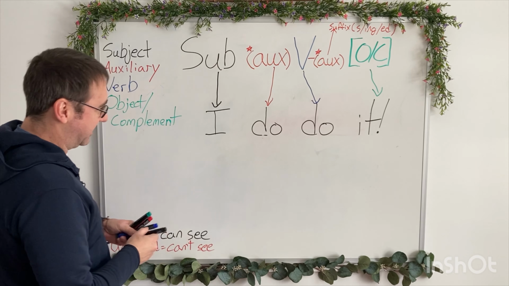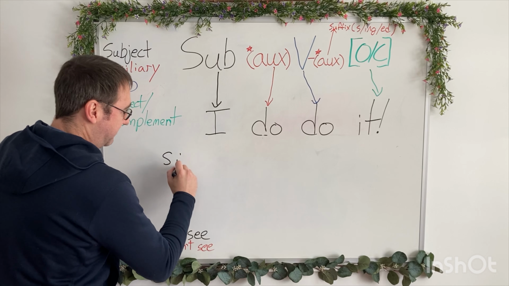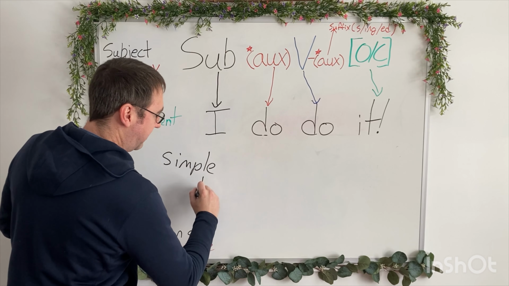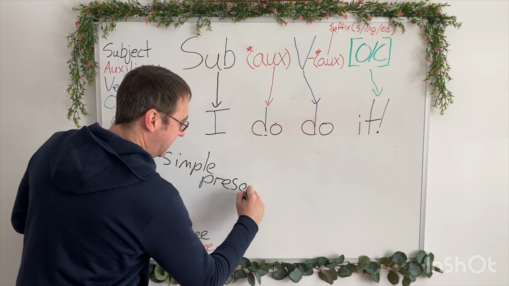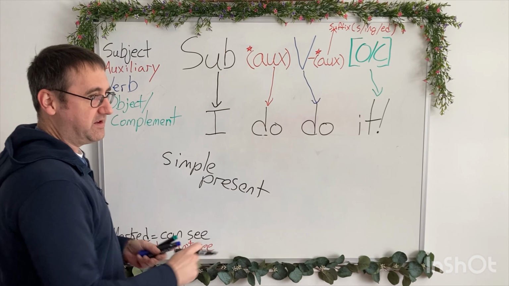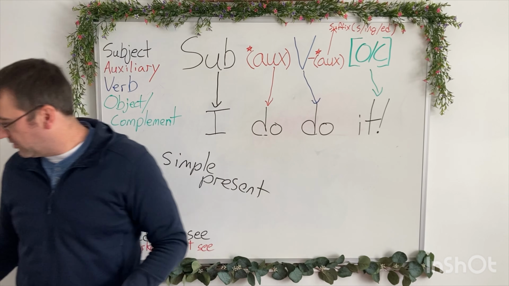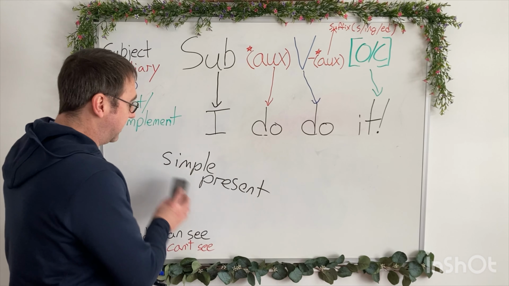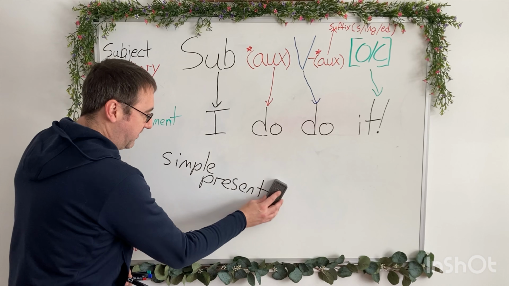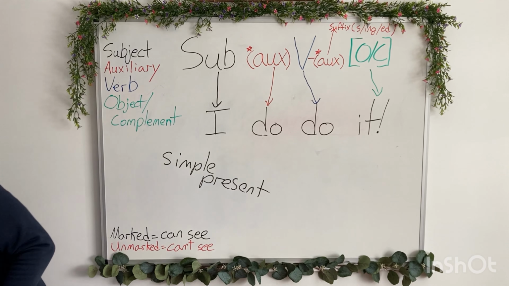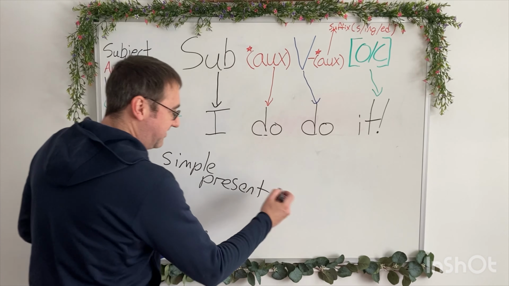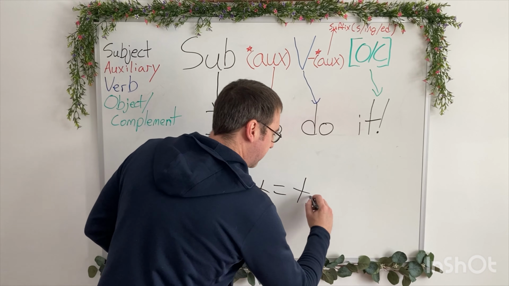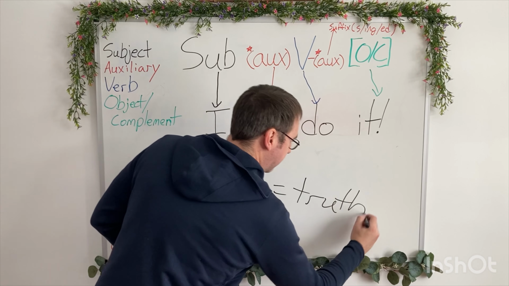This is actually simple present, as you know it. Now, I don't like using these names, even though they are familiar to you, so I will mention them sometimes. I prefer to think of simple present as the grammar of truth, okay?